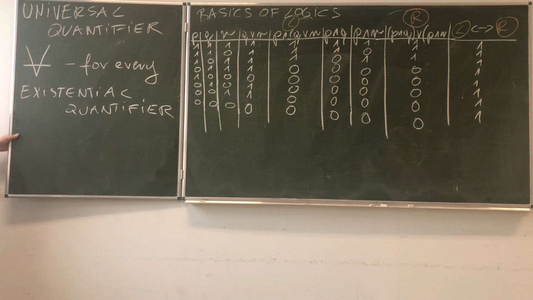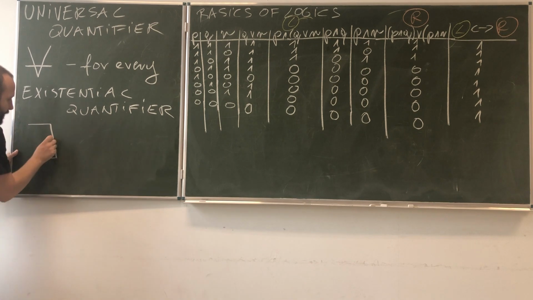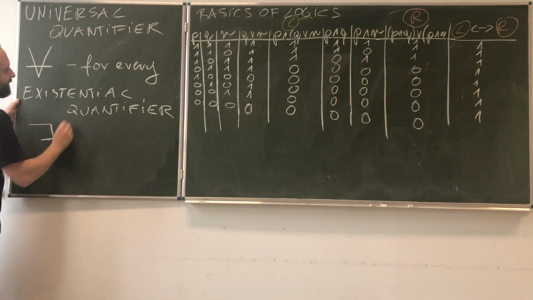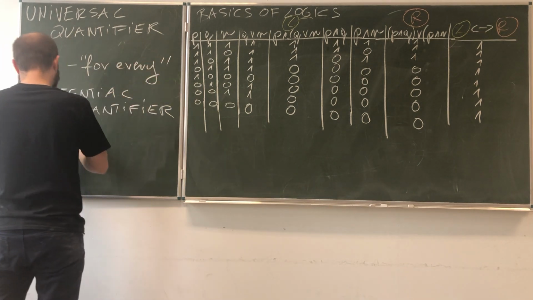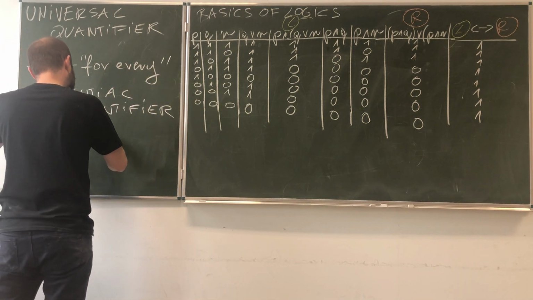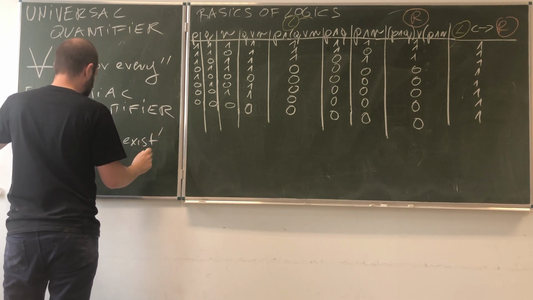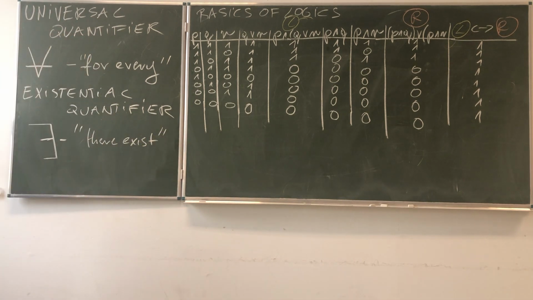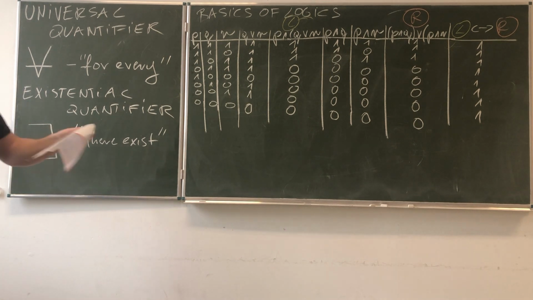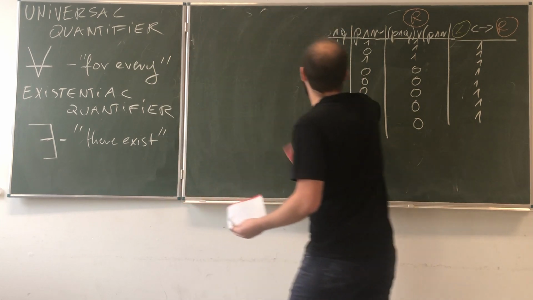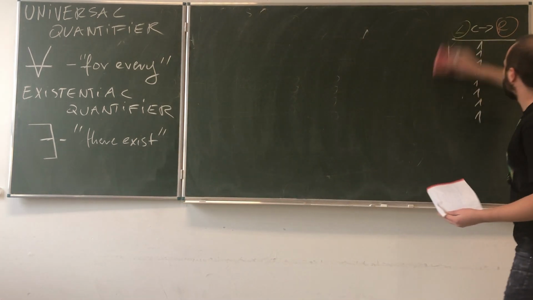We write it as a backwards letter E, and we read it as there exists. Okay, now let me show you a couple of examples of how they work.